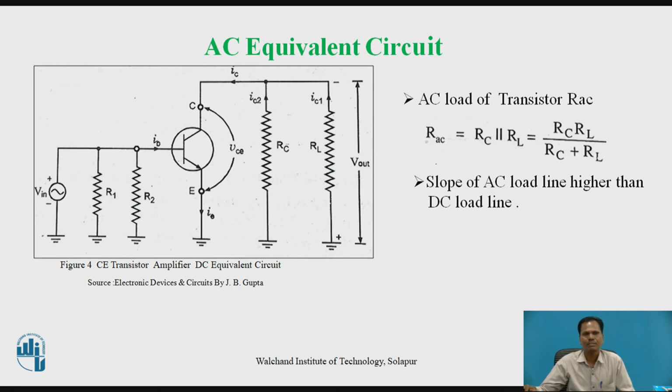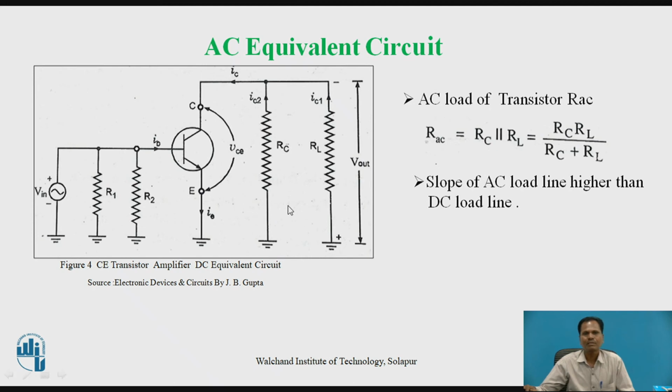First, replace all capacitors by short circuits, because for an AC signal a capacitor provides very low reactance. This figure shows the AC equivalent circuit for a common emitter transistor amplifier. Second step is to reduce DC voltages to 0.